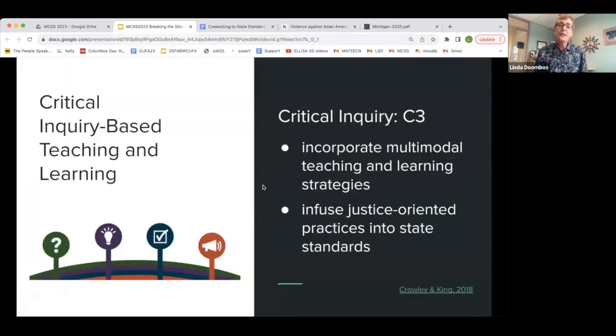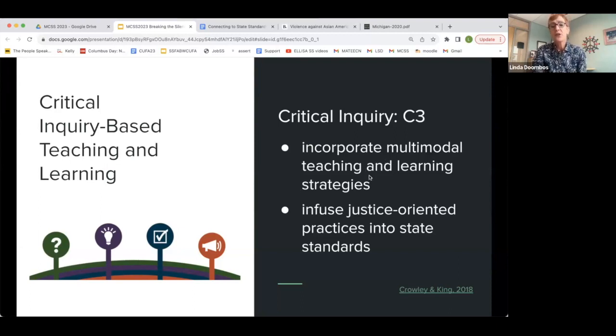And so I want to spend time thinking about the C3 framework. I love the framework because it opens up possibilities for our instruction to be more student-centered, to focus on real life problems and issues, and to incorporate multimodal teaching and learning strategies.